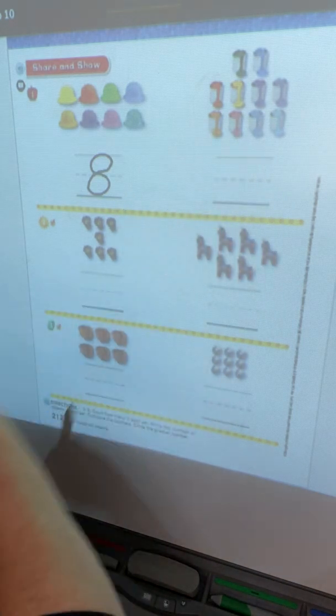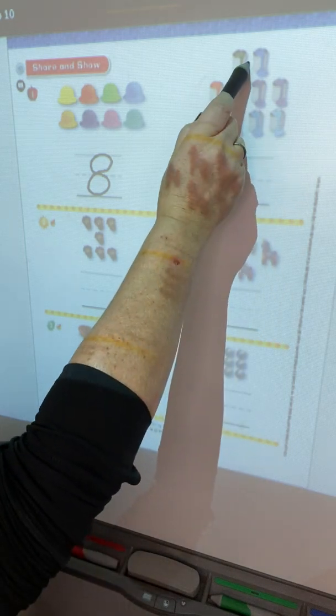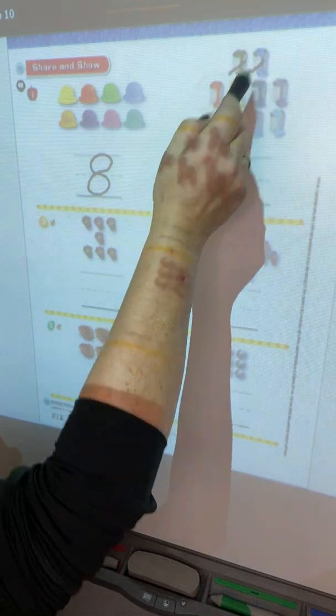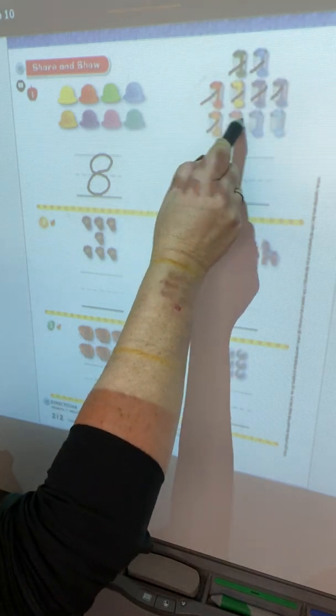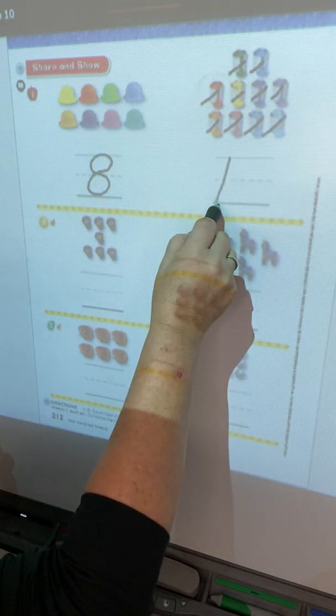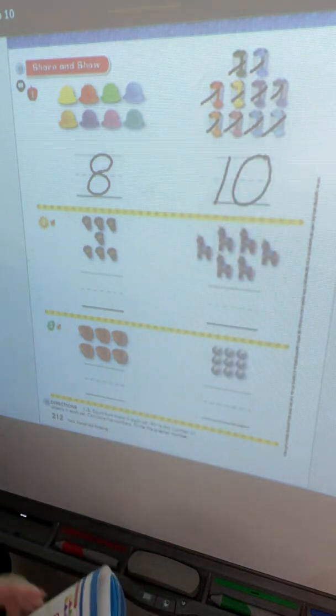You have some cans of paint, lots of pretty colors, and they're in rows, but I'm still going to make a line when I count them to make sure I don't leave any out. 1, 2, 3, 4, 5, 6, 7, 8, 9, 10. A 1 and a 0 make 10.